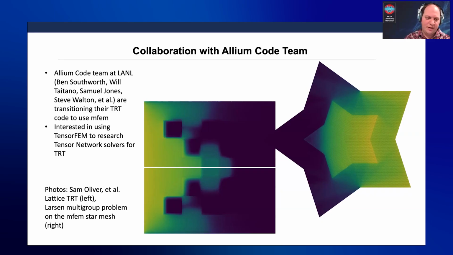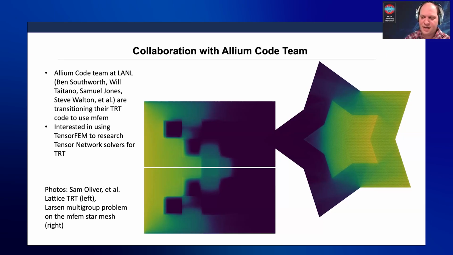They're interested in porting their TRT code to use MFEM. So you may have seen some MRs for some of their work on the repo. While they're doing that, they're also interested in this tensor network research.